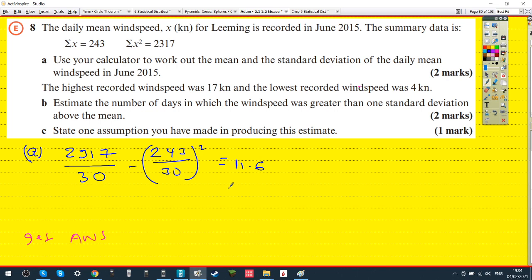So we know the highest and the lowest recorded wind speed. So would you use the line thing again? I don't know. The number of days in which the wind speed was greater than 1 standard deviation above the mean. What is the mean?